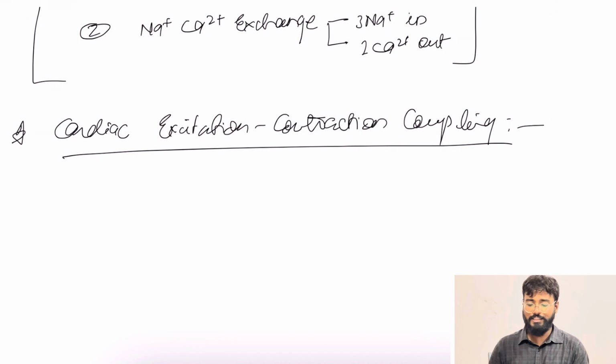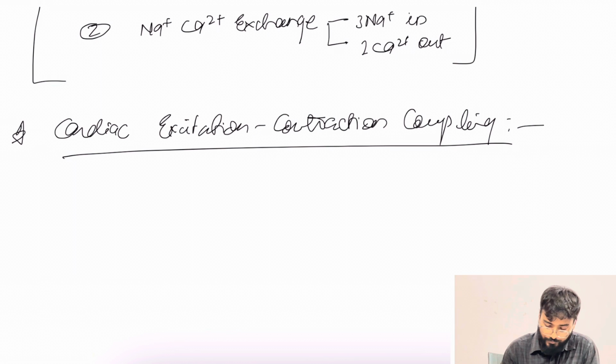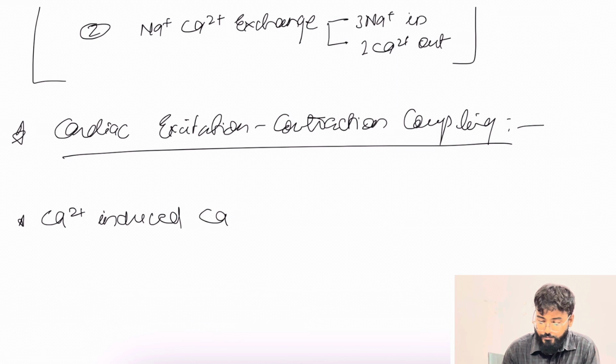So this is basically how the action potential causes contraction of the cardiomyocyte, which is cardiac excitation contraction coupling. But the main mechanism responsible for cardiac excitation contraction coupling is calcium induced calcium release.